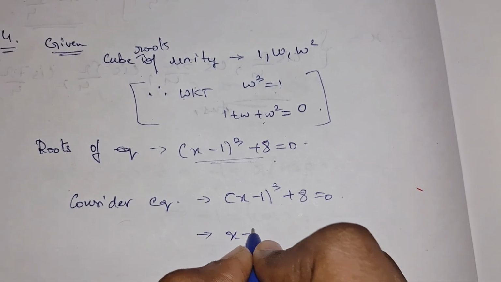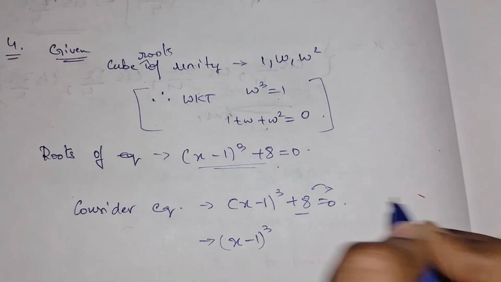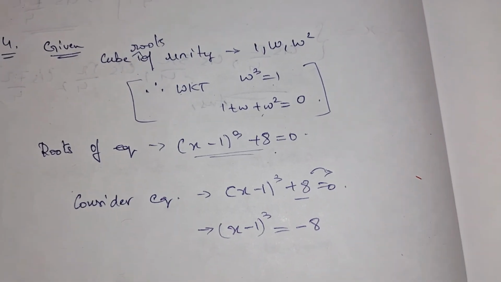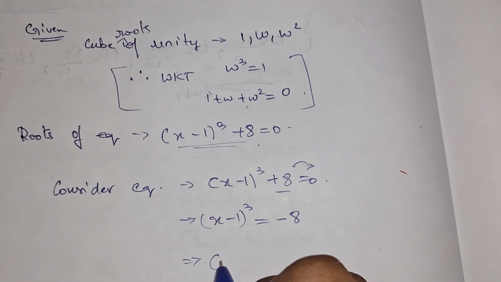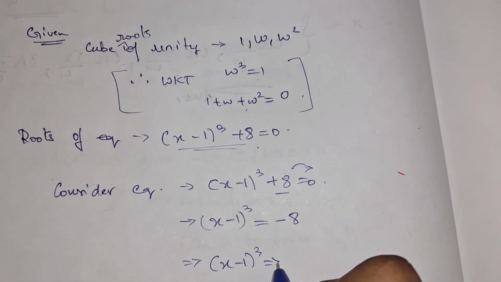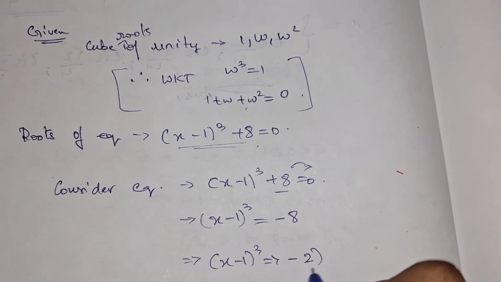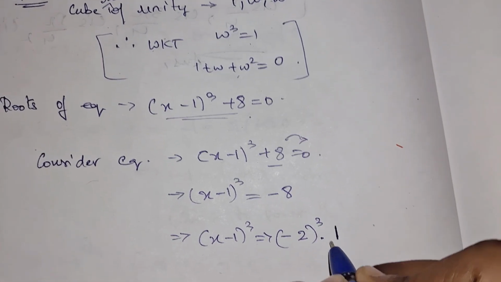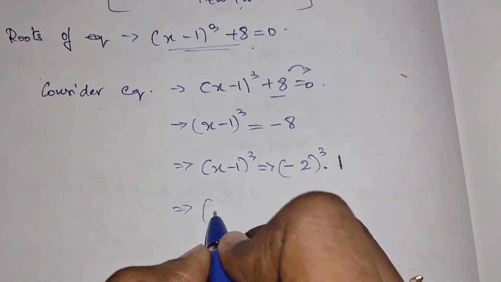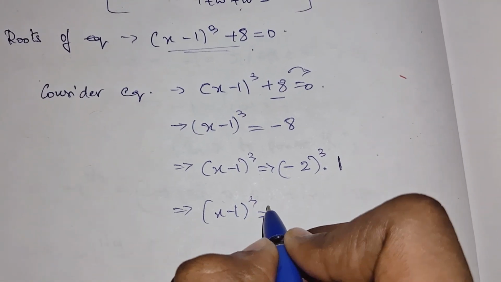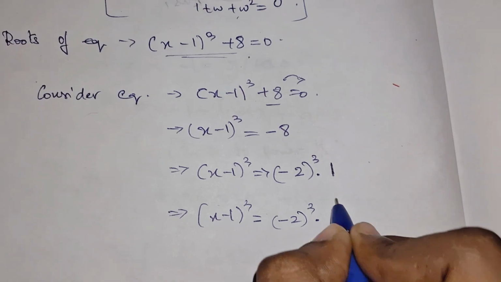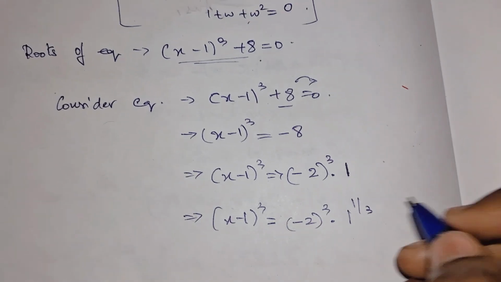Now (x minus 1) whole cube, this 8 I am sending to the other side, so I will get minus 8. Now minus 8 can be written as (minus 2) whole cube. Now I am multiplying by 1 to the power 1 by 3.